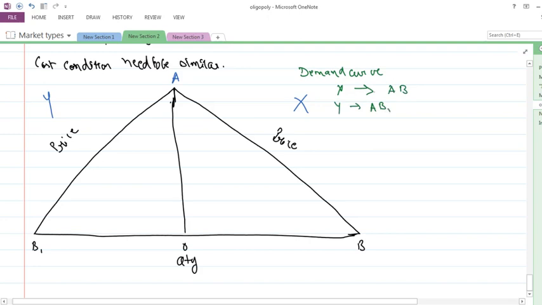That's the demand curve of X and Y respectively.